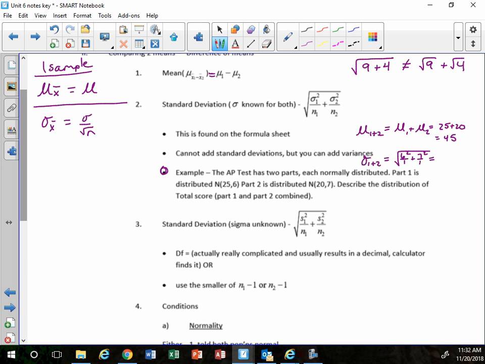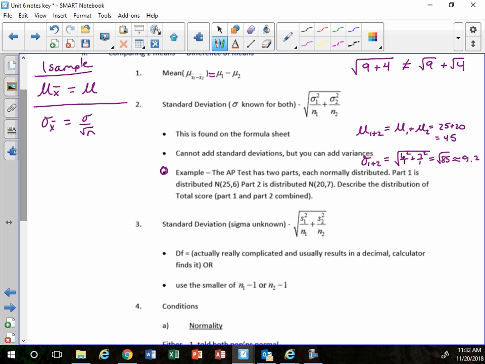And so we get the square root of 85, 9 point something. Is that like 9.2? Yep.